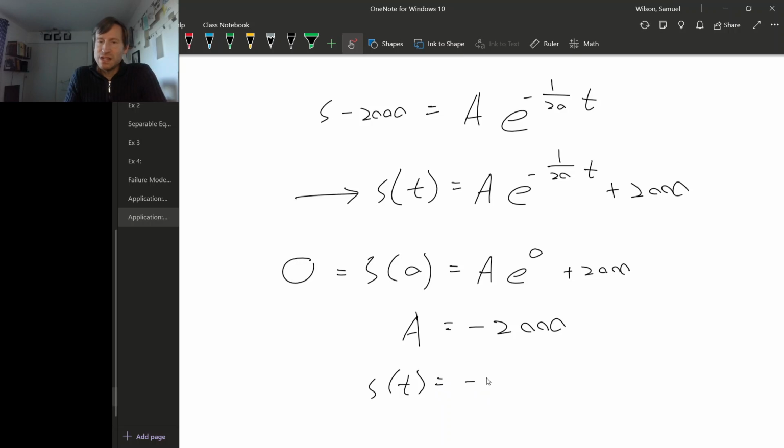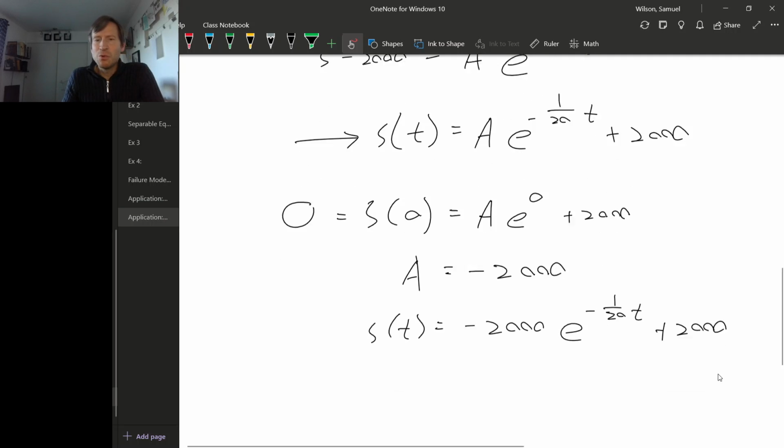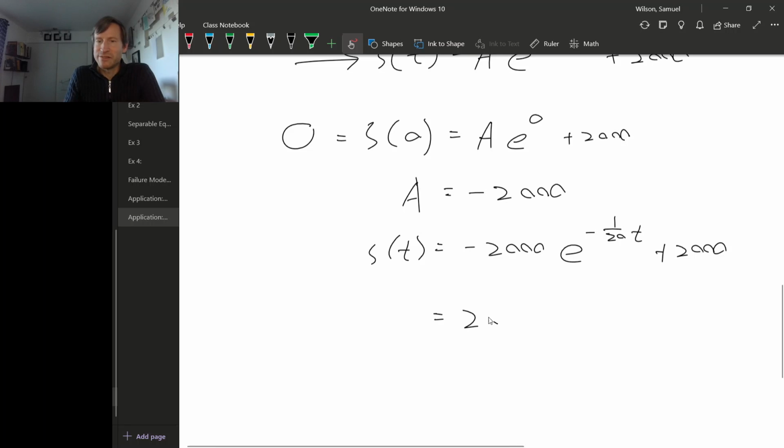So s of t is minus 2,000 e to the minus 1 over 20 t plus 2,000. Or if you want, you could factor out that 2,000: 2,000 times 1 minus e to the minus 1 over 20 t.